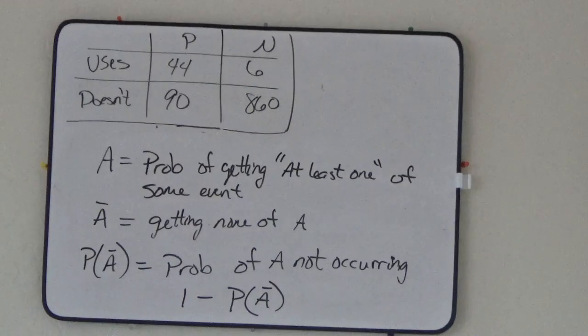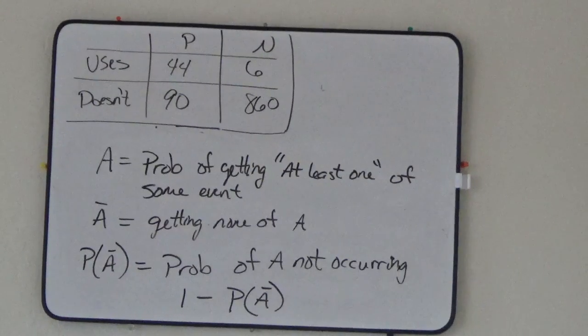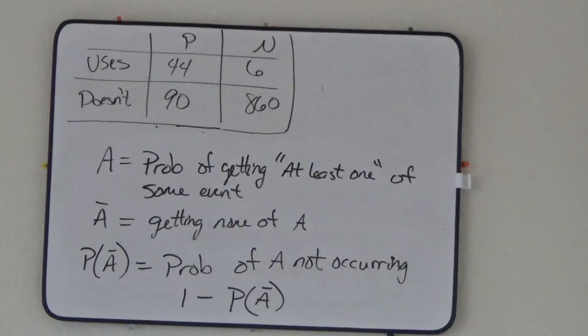I'm going to talk about what that means in just a second, but what we're going to be solving today, we have to think of in a backwards way, okay? We're going to need to find the probability of something occurring, but we're going to first find the probability of it not occurring, because it's easier to find the not occurring than the occurring. Or it'll be faster, or whatever the reason might be that we might use this method, okay?